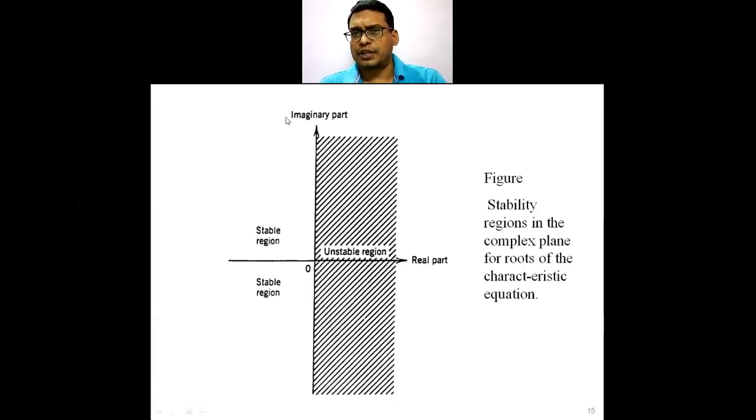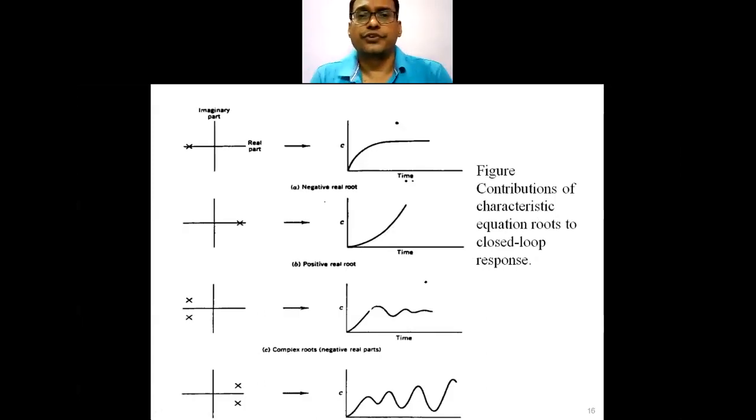And what will happen if the roots lie on the imaginary axis? The system becomes just unstable. If the roots lie on the imaginary axis, the system becomes just unstable. So looking at this figure, this is the imaginary axis and the real axis.